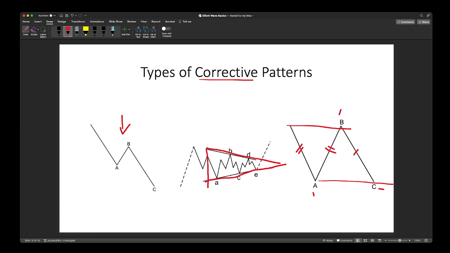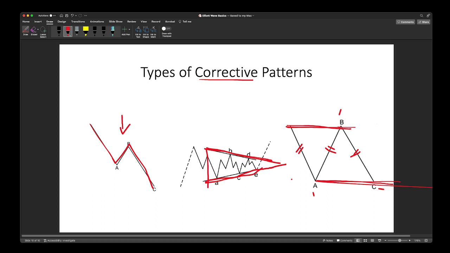They're all the same length, creating a flat-like shape. So we have your zigzag, 1, 2, 3, that makes this style pattern. We have your triangle, and we have a flat. 3 basic patterns.